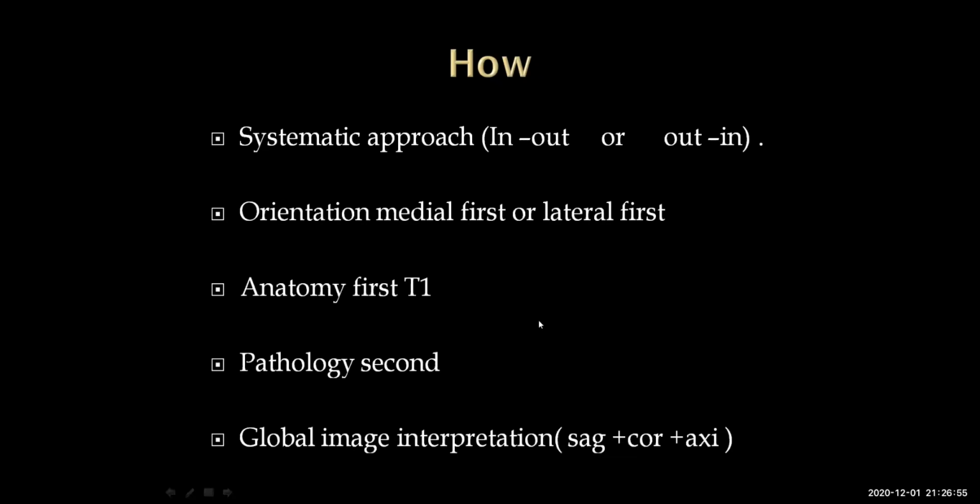So you have to make sure which one you are starting with, because if you figure out a pathology on the medial side and you discover later that this is the lateral side, this really will be embarrassing. So I'm going to show you how the medial side looks and how the lateral side looks, to differentiate them based on simple anatomical landmarks.